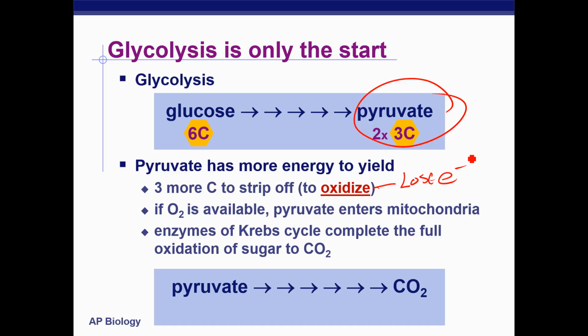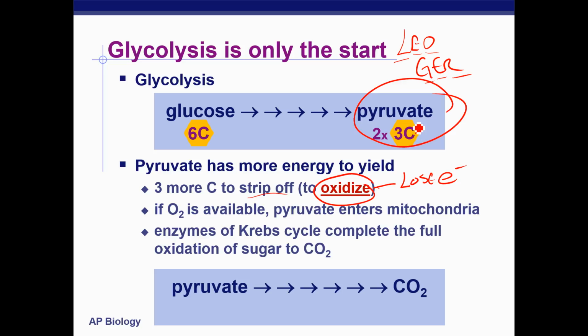The way to remember oxidize is like Leo the lion goes grrr, rawr, right? So loss of electrons is oxidize, and gain of electrons is reduction. Since we're stripping off electrons, we're going to oxidize.